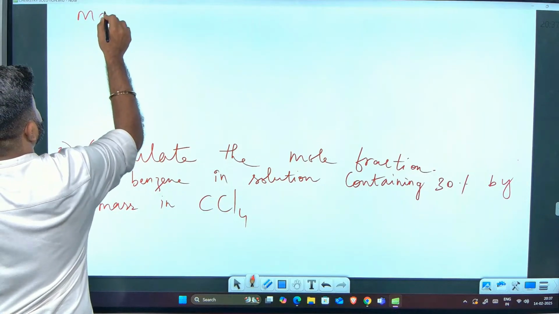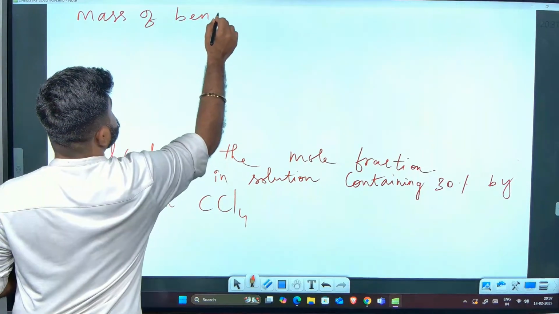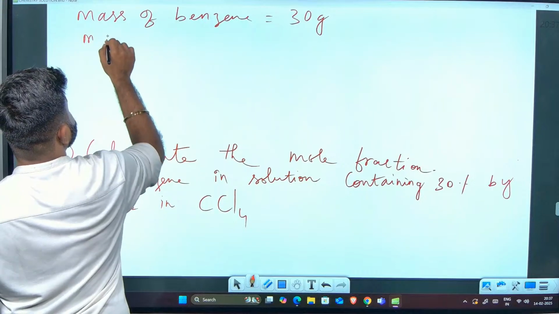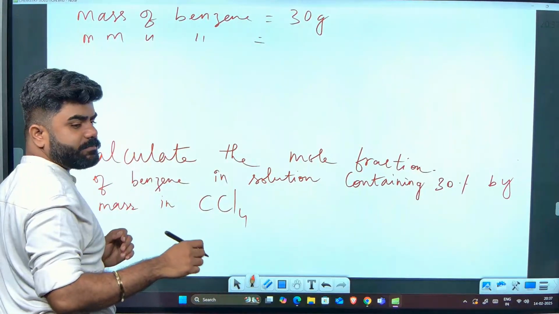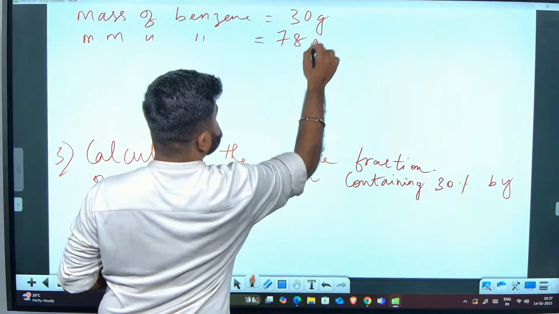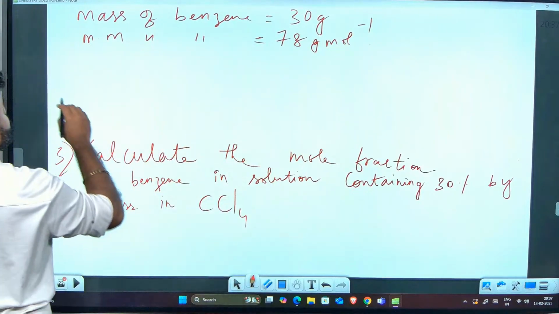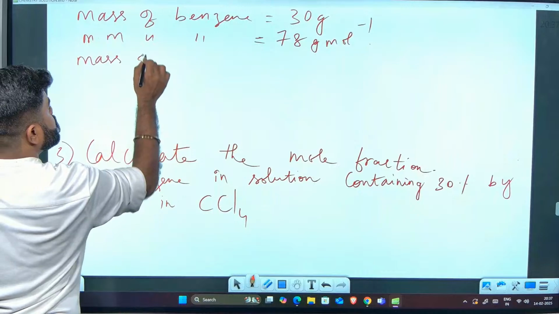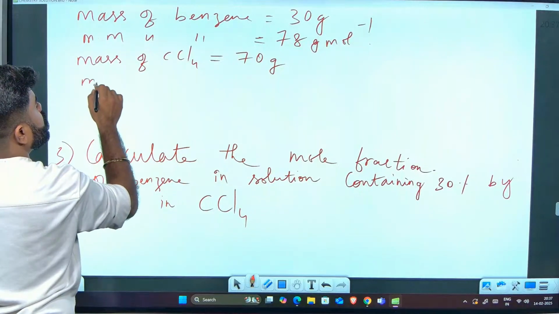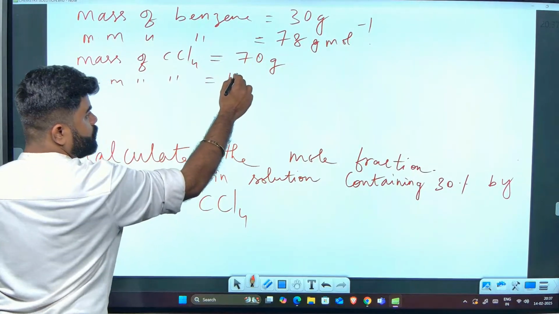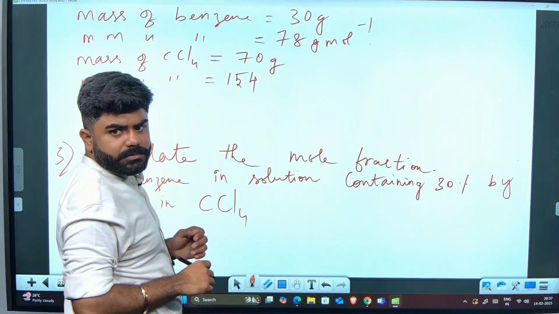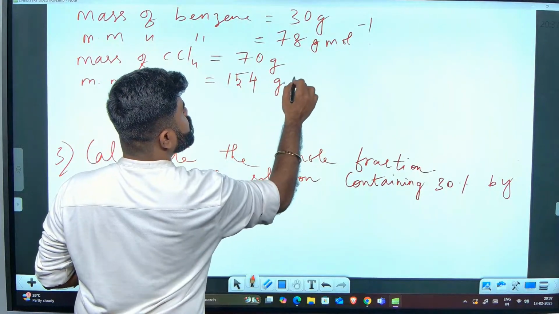Mass of benzene is what? 30 grams, right? What molecular mass of benzene did you find? 78 gram per mole. Next, what is the mass of CCl4? 70 grams given mass. Molecular mass 154. 154, correct? What don't you understand here?